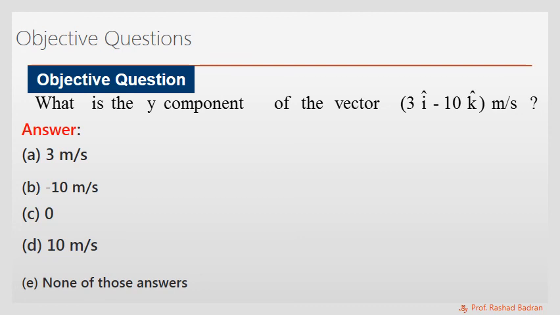Well, the vector here is written in the xz plane, where it's obvious that the j hat is not there, so the y component is 0.